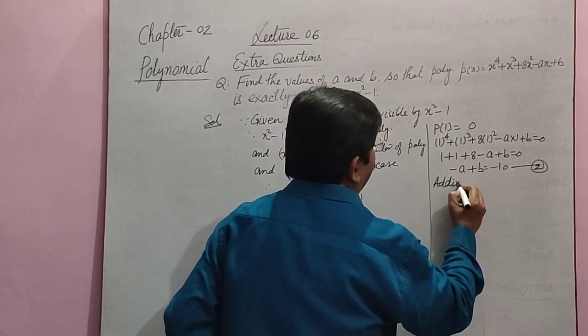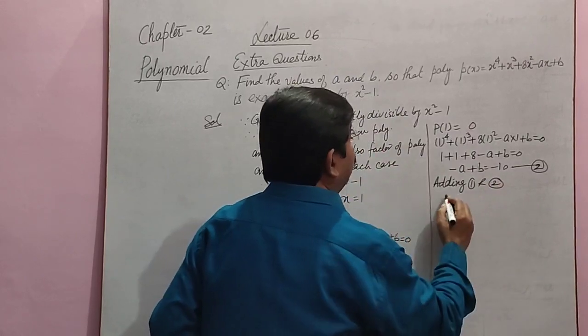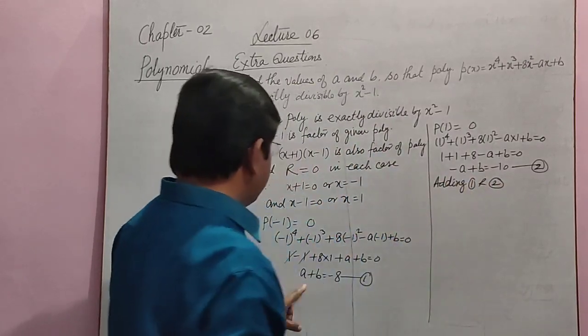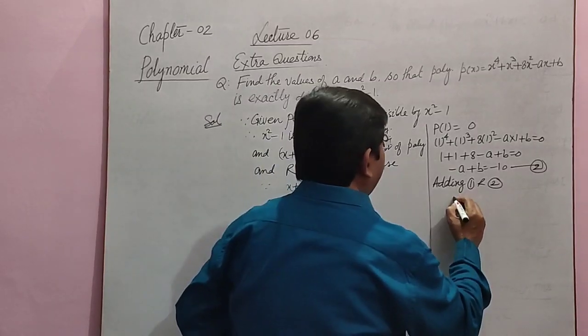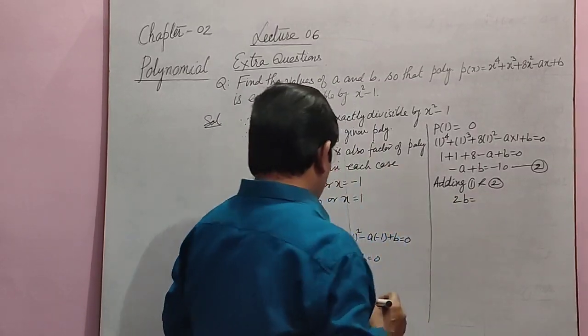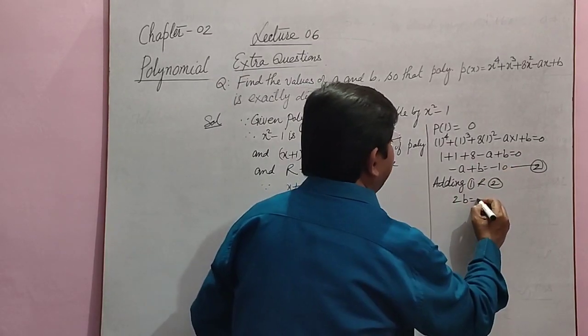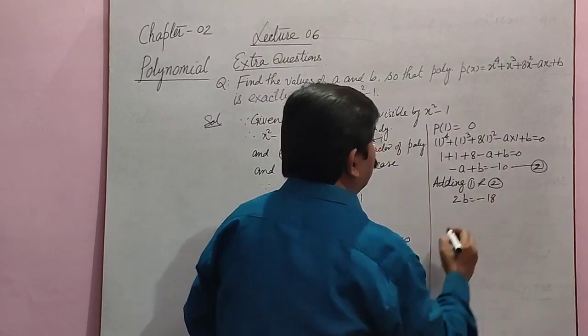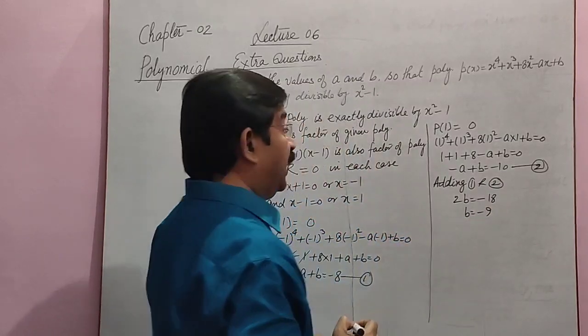See, adding 1 and 2. So what we have? Minus a and plus a will be cancelled. Plus b and plus b. We have 2b is equal to minus 8 and minus 10, minus 18. So b is equal to minus 9, as 2 nines are 18.